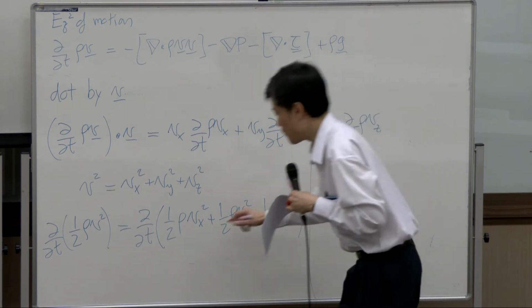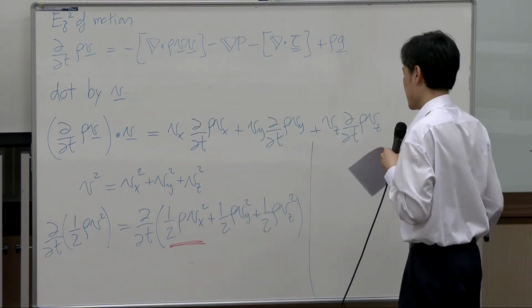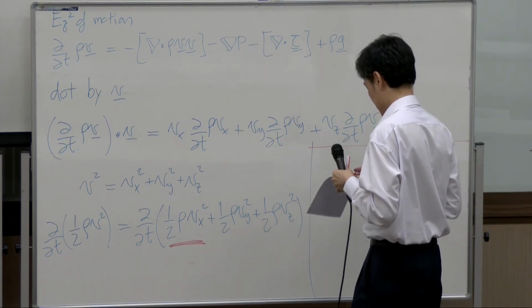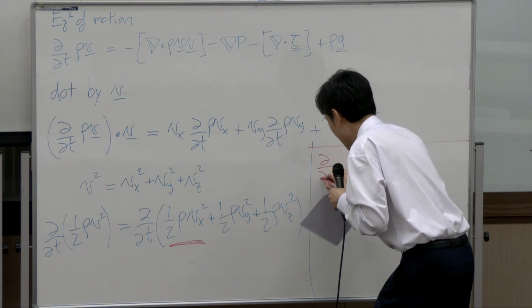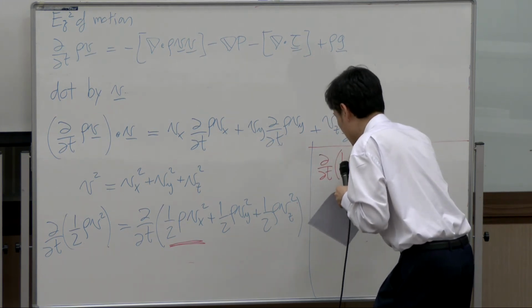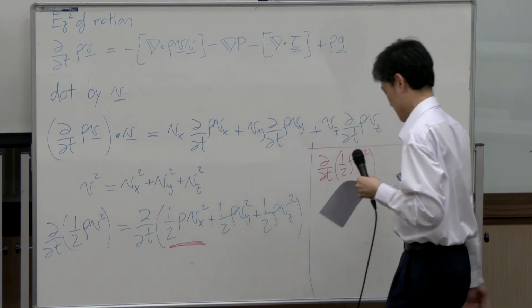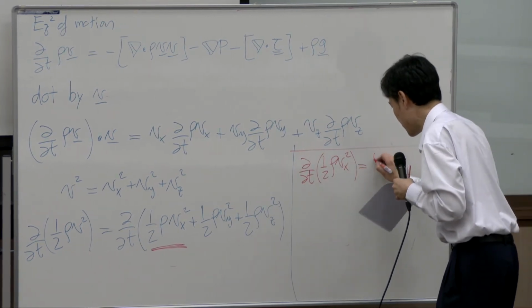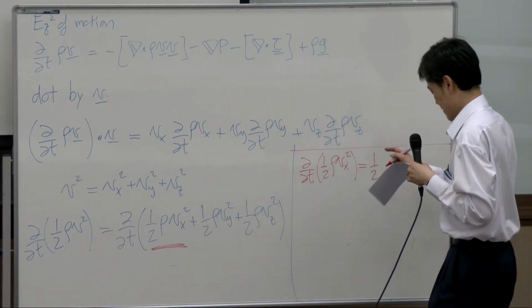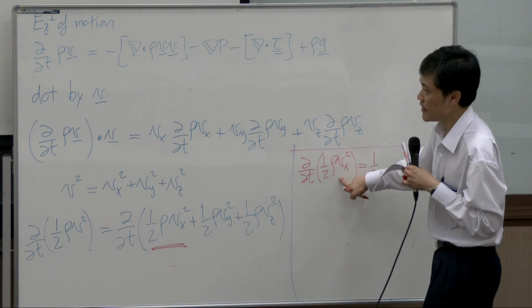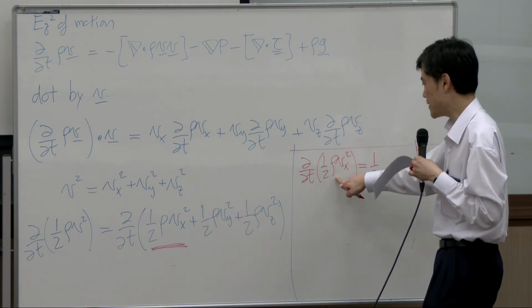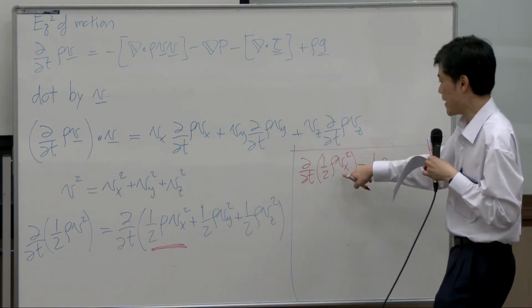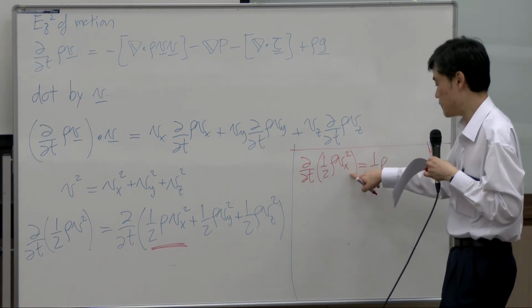If I take one component here, just consider this first component, 1 over 2 rho vx squared. If I differentiate it, of course, 1 over 2 can go out. If the density of the liquid is constant, I can take rho out. And inside here is the differentiation of vx squared.